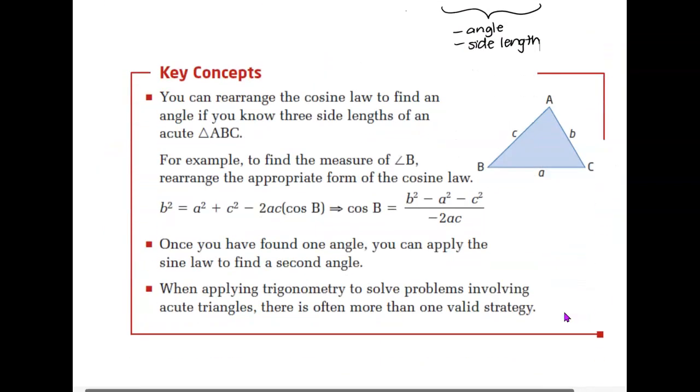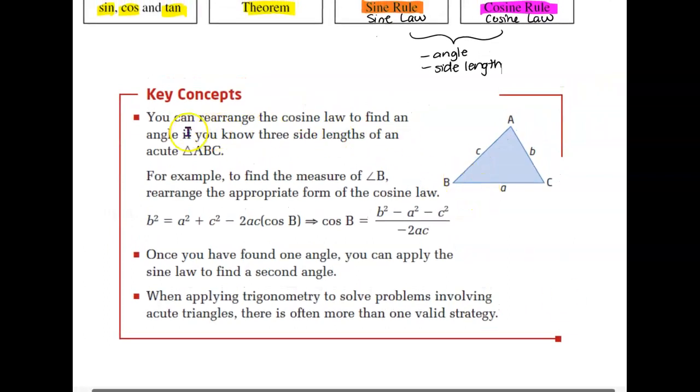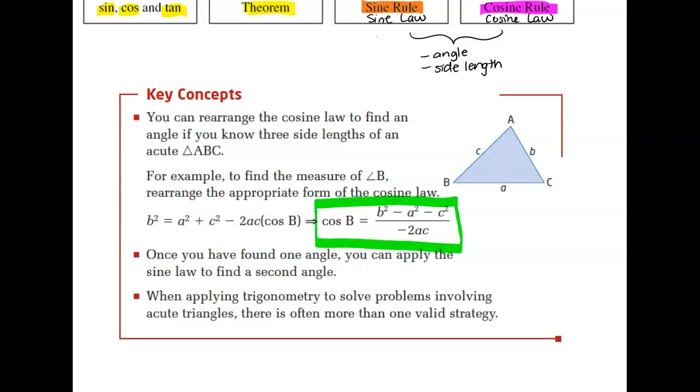Okay, so just to summarize, we use the cosine law to find an angle or a side length. This is a different version. You might see this version of the cosine law. The reason this is different from the one I showed you is that it still has the cos on the left side. You could do that, and that's still allowed.